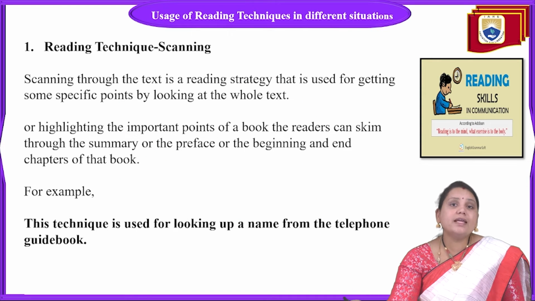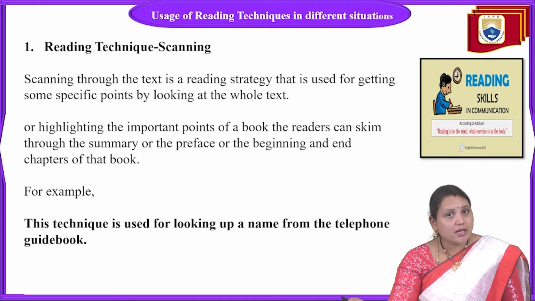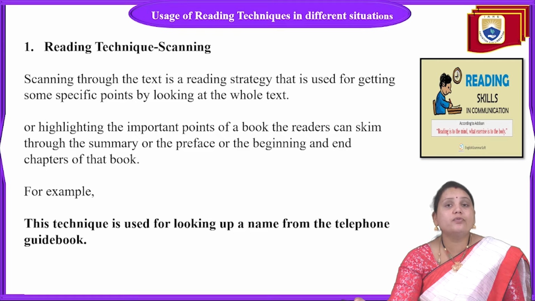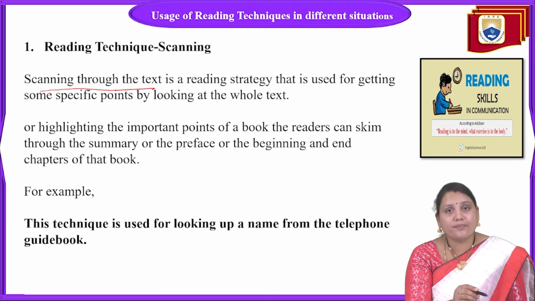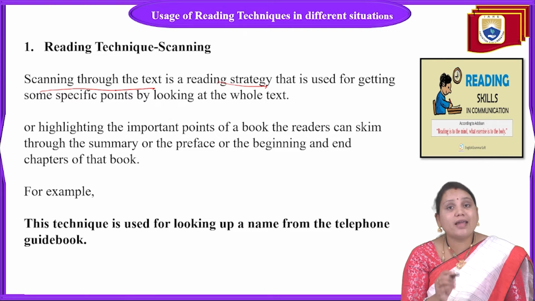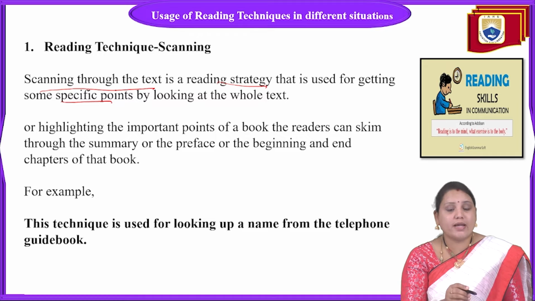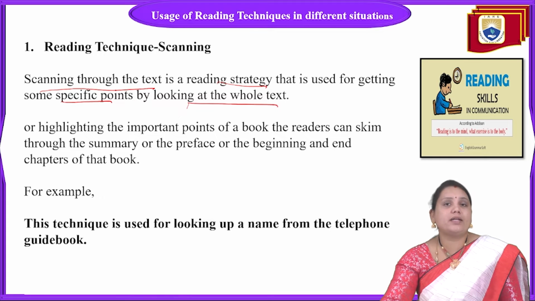Here, reading technique 1 is scanning. As you all know, scanning is just looking over the pages for a specific word. You are going to scan, isn't it? Now, let us try to understand it with a good definition. Scanning through the text is a reading strategy used for getting specific points by looking at the whole text.